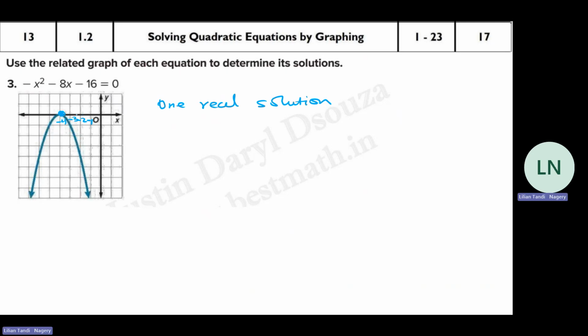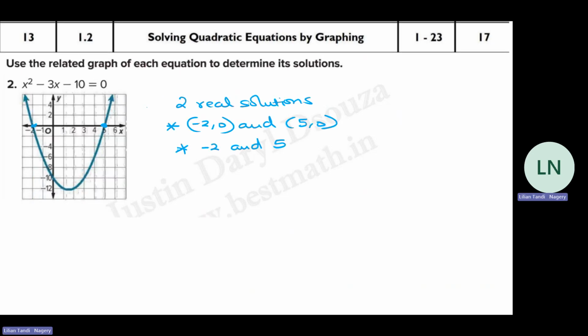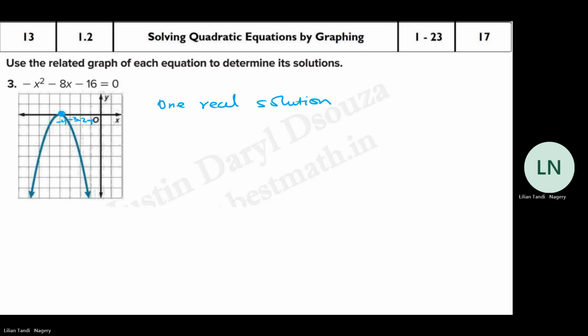This one also, those two are not in any quadrant. They are on the x-axis. Your solutions will not be in any quadrant because your solutions must be on the x-axis. All right. So one real solution, and the solution is -4.